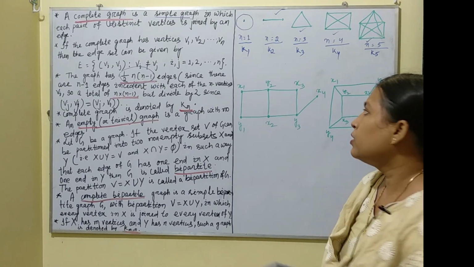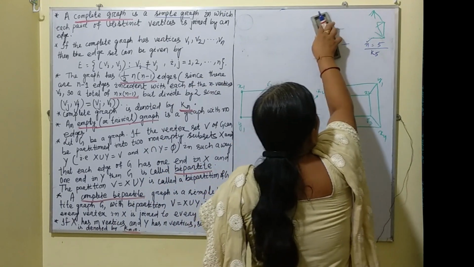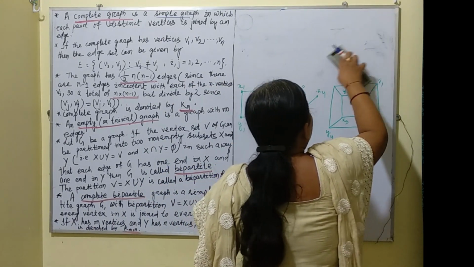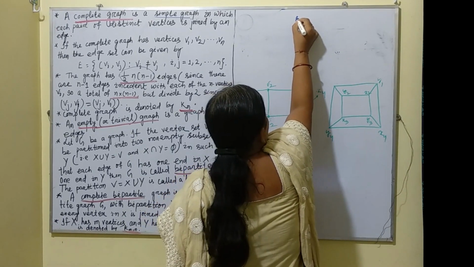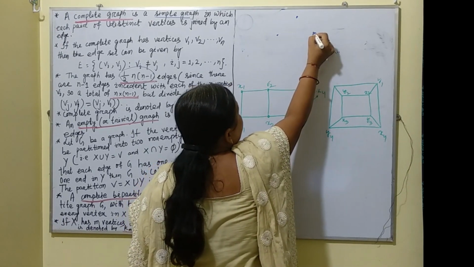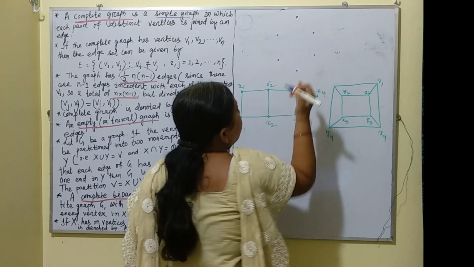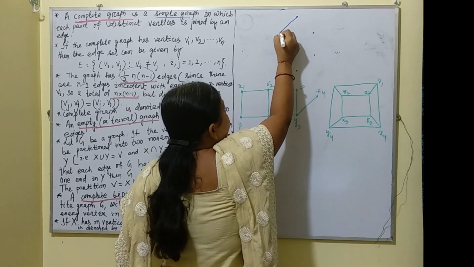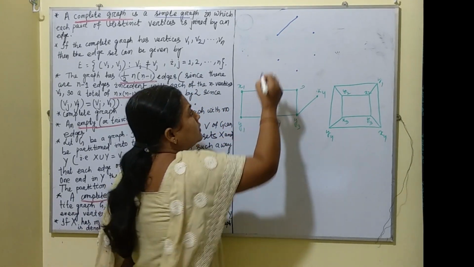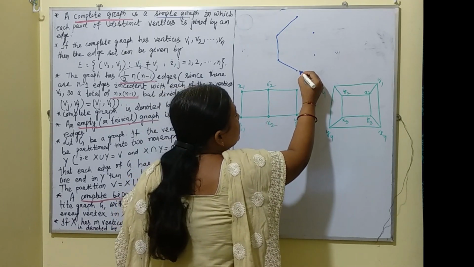Similarly, we can draw for n equal to 6, that is the K6 graph, taking 6 vertices. See here. There are 6 vertices and we can join each pair of distinct vertices by an edge.